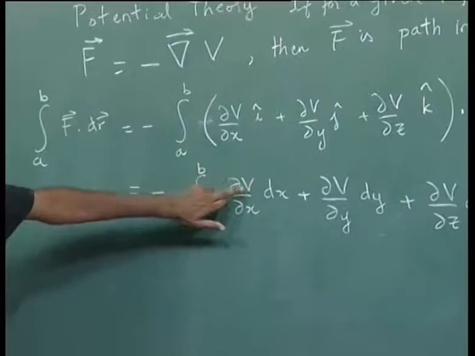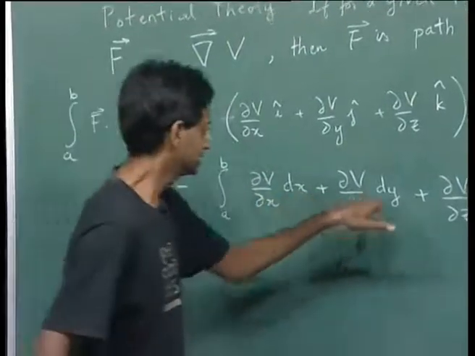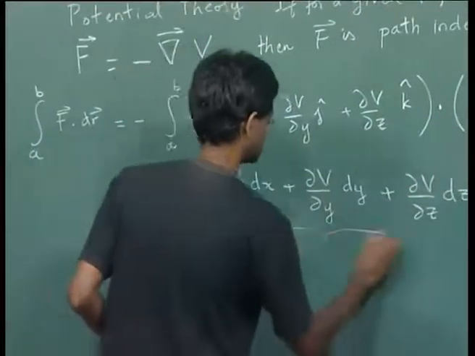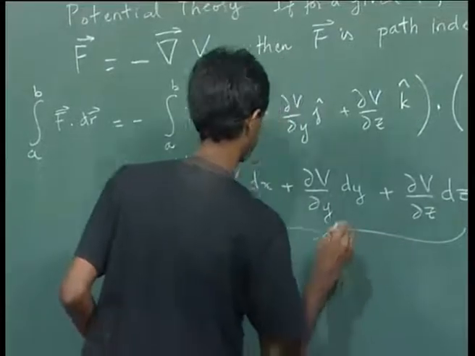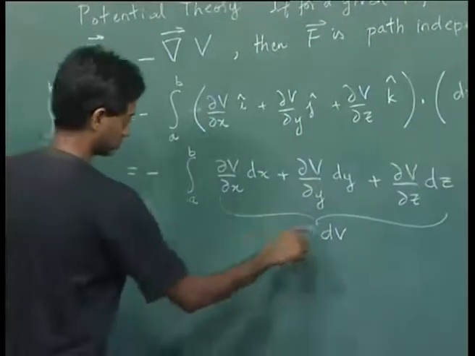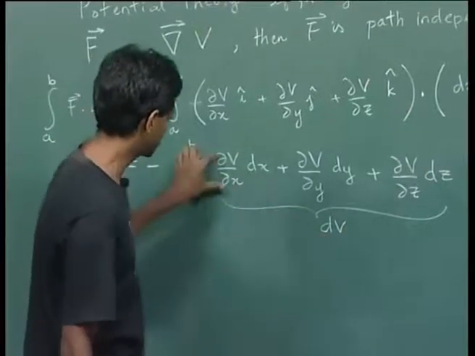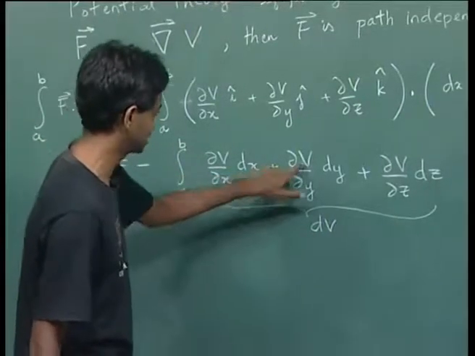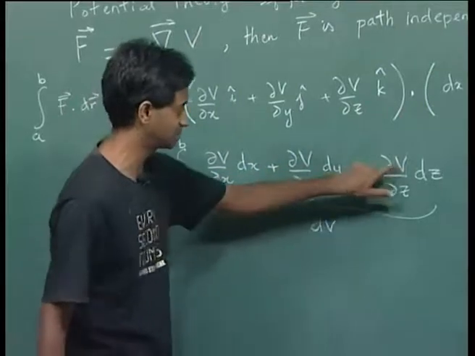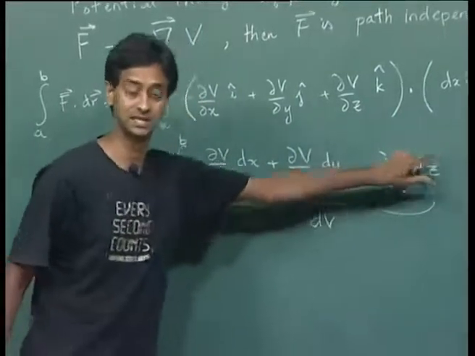Okay. If V is a function of x, y, z, this is nothing but the total change in V. So if V is a function of x, y, z, then dV is the partial with respect to x times dx plus partial of V with respect to y times dy plus partial of V with respect to z times dz. Okay.